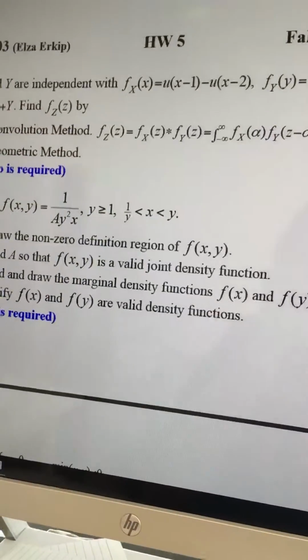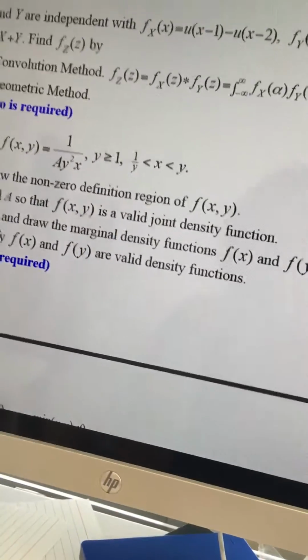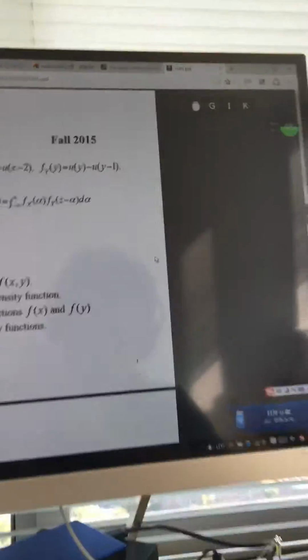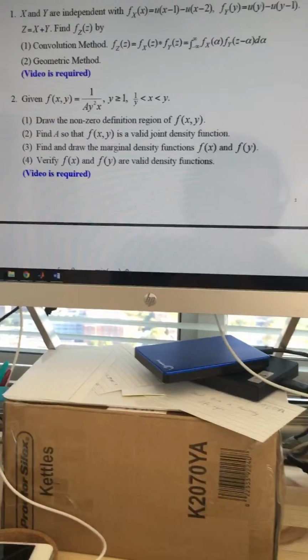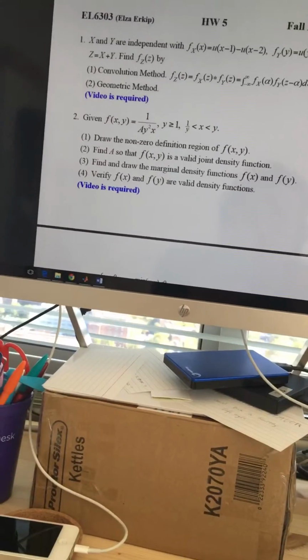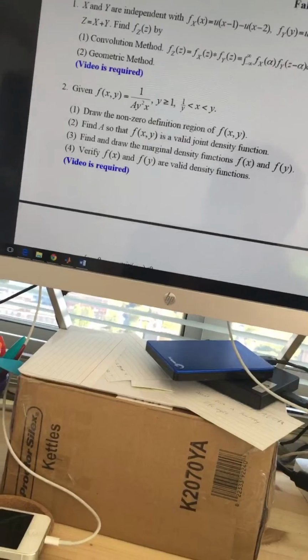The first question requires us to draw the non-zero definition region of f(x,y). So this is about writing the regions defined in the question, that y is greater than 1 and x is in the interval here.